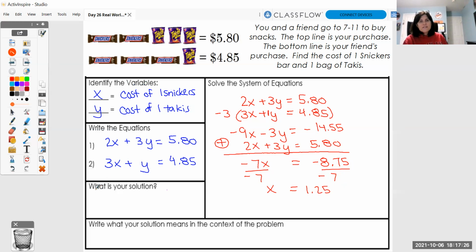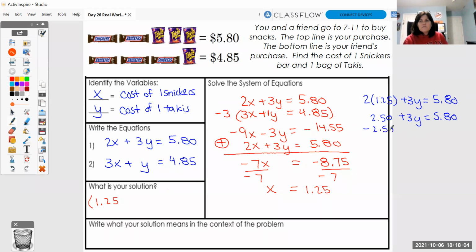Yes, my cost of one Snickers is 1.25, but if I want to make it an ordered pair, now I need to substitute that back in to figure out the missing value. So I'll just do this first equation up here. Instead of x, I'm going to put 2 times 1.25 plus 3y equals 580. And so we end up with 250 plus 3y equals 580.